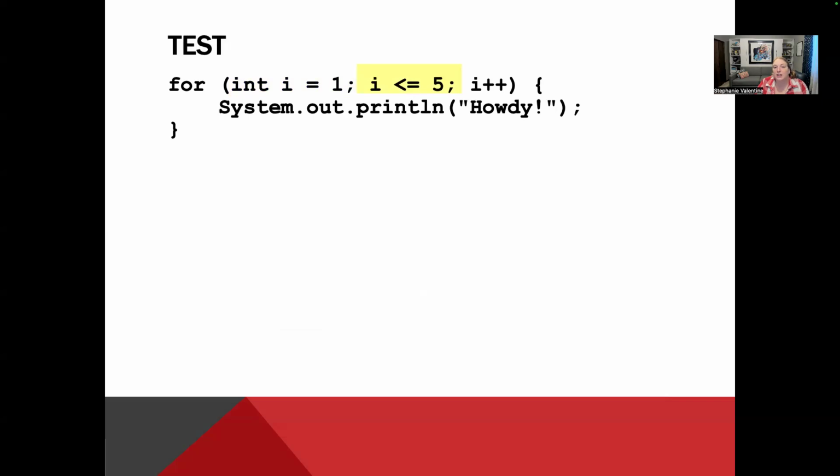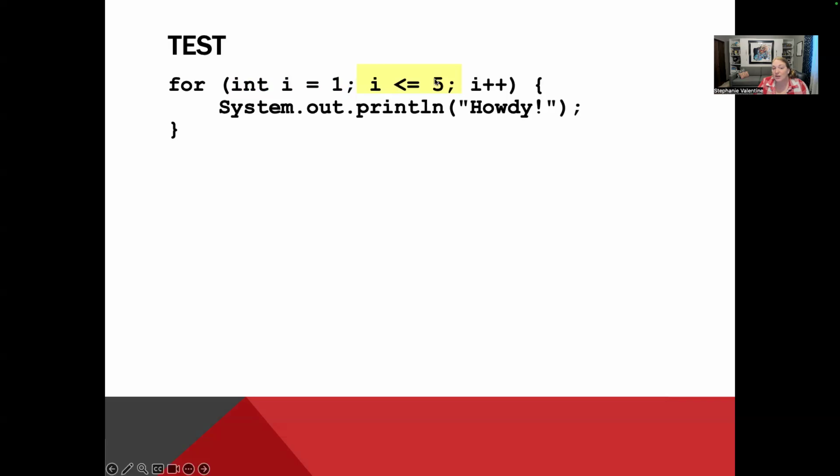So now we're moving on to the test. We've created this variable called I. Now we need to tell Java the value that I should be when we stop. So we're saying that we can continue looping while I is less than or equal to 5.